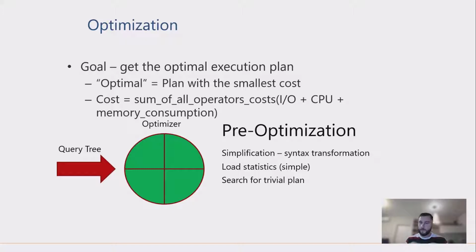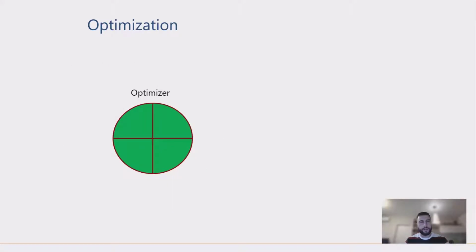If the trivial plan was not found, SQL Server moves to the next phase of optimization, which is called search zero. On this stage, SQL Server loads column statistics about the data distribution, and SQL Server starts query plan exploration.